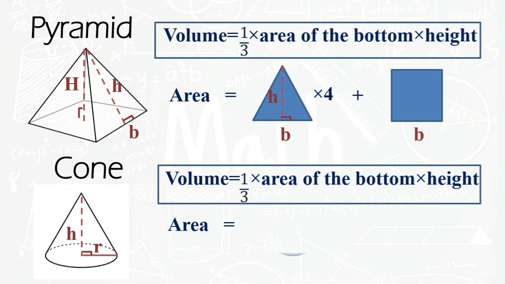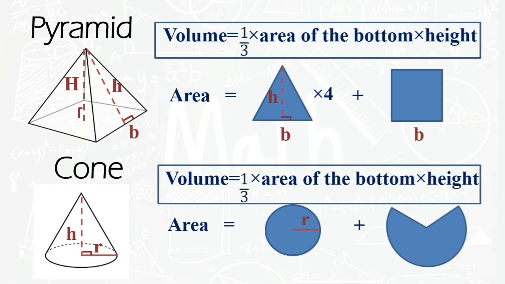Then to find out the surface area of this solid, that means for the cone, there is a circle in the bottom, so you can use pi r squared to find out the area for that circle. And for the curved surface, there is nothing to know, but you have to remember a simple formula, that is pi r l.